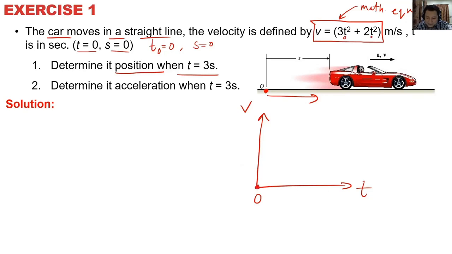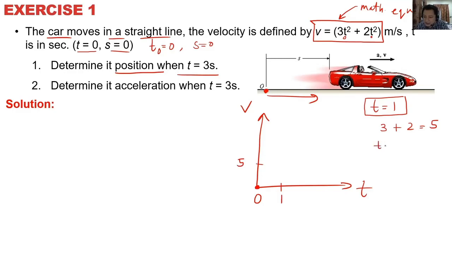If you plug in when time is equal to 1, what do you get? 3 plus 2. Right. Say time equals 1, the velocity will be 5. So at 1, velocity is 5.